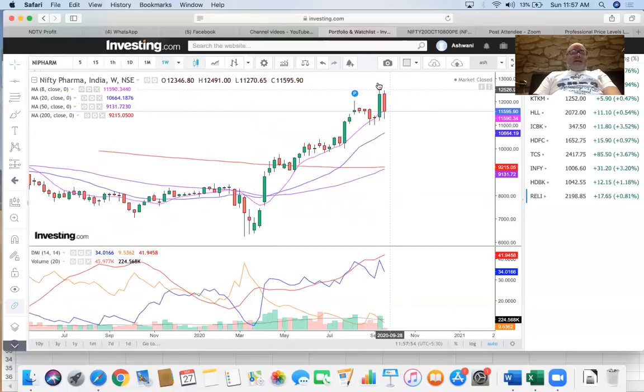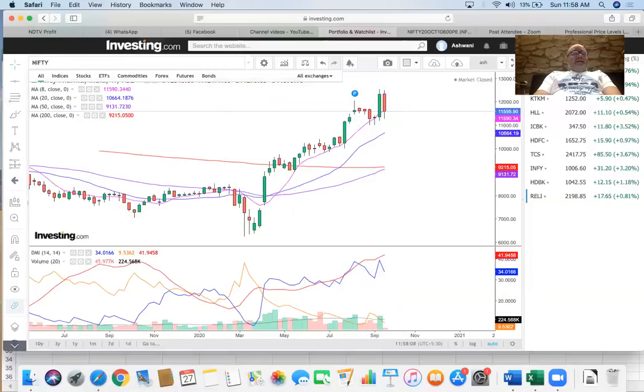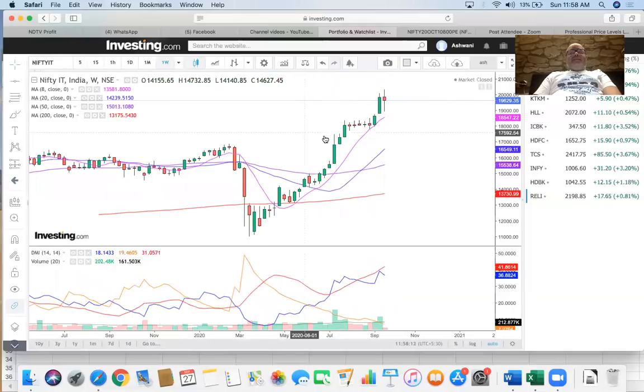While it looks strong on Friday, this is at least a pattern which shows that there is selling at higher levels. Nifty IT, despite Friday's rally, again this is a red bar.